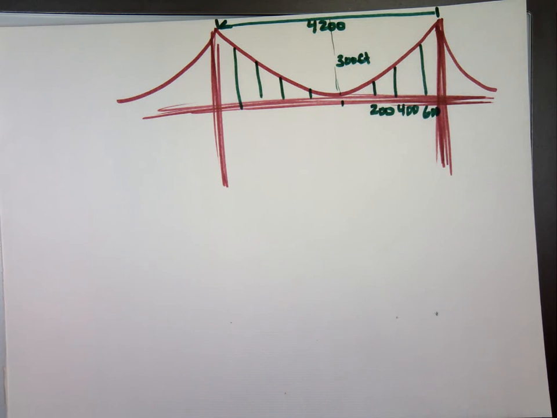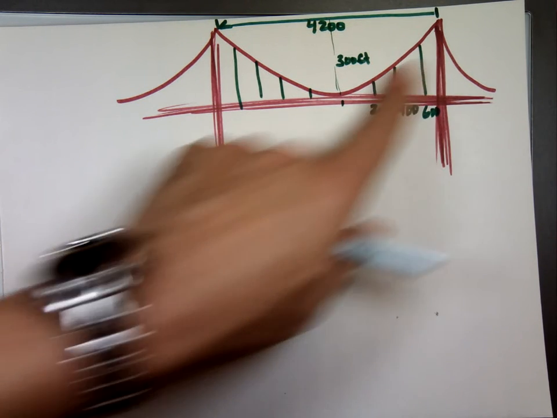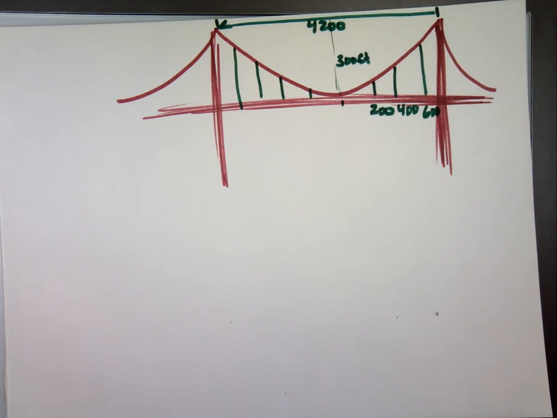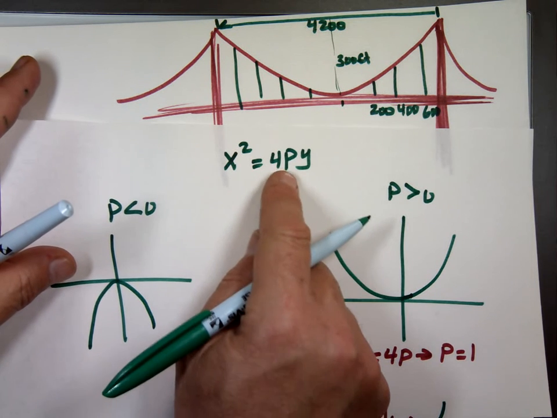So what I need to figure out is the equation of this line. That looks like a parabola, concave and upward. And what do you know? If it's a parabola concave and upward, the equation for that should be x squared equals 4py.